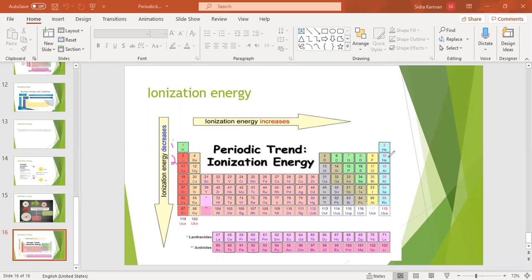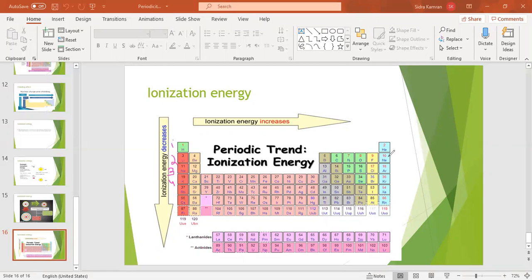As we know, the number of shells remains 2, because in the same period all the elements have the same number of shells. In the second period, all elements have 2 shells. In the third period, all elements have 3 shells. In the fourth period, all elements have 4 shells, and so on. So the number of electrons is increasing.